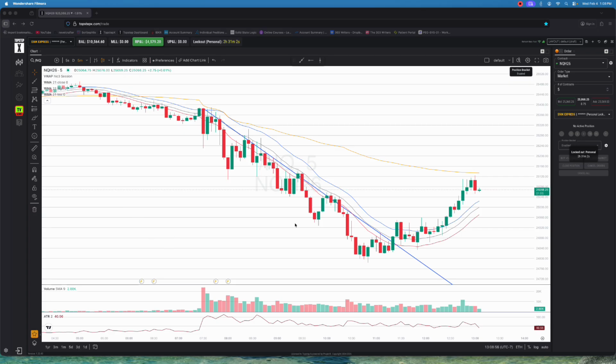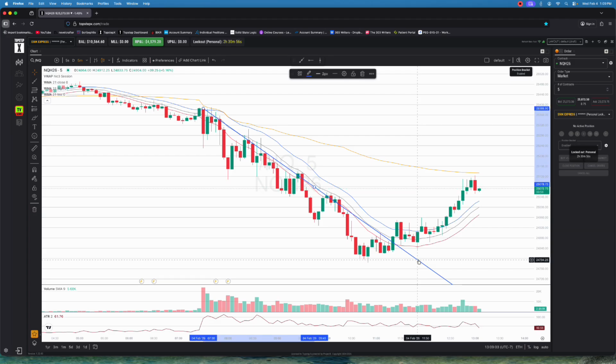My other indicators are down here. Now, this is a trend line right here, and I drew this as an intraday trend line. I do not draw trend lines off of the 5-minute or off of the hour chart or the daily chart or the monthly chart like some other YouTube traders out there do.